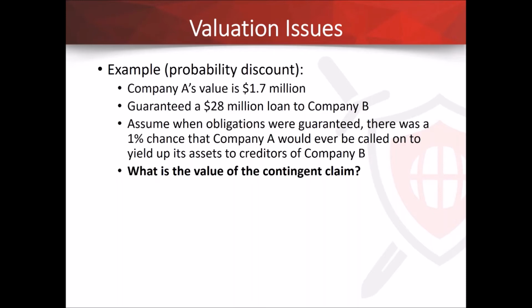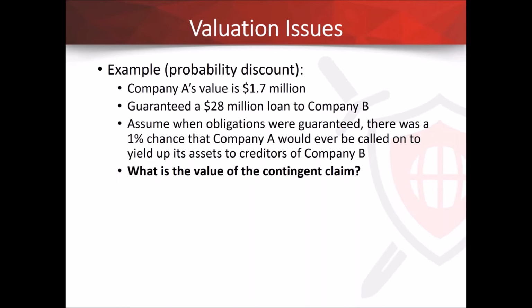Very common situation. So how do you come up with a figure for the value of this $28 million guarantee? I like to do this in a live seminar just to see what the answers are, because there's a couple different directions to go.